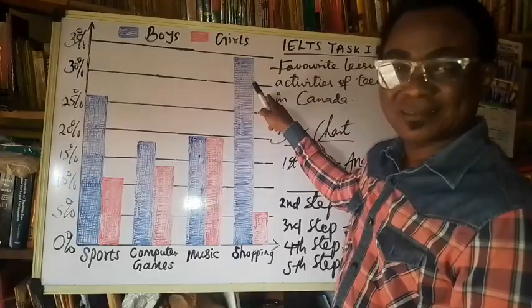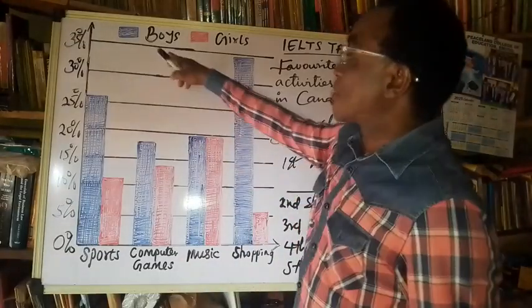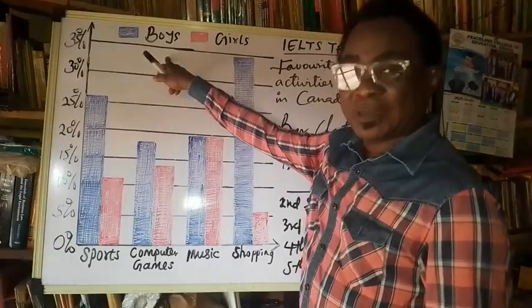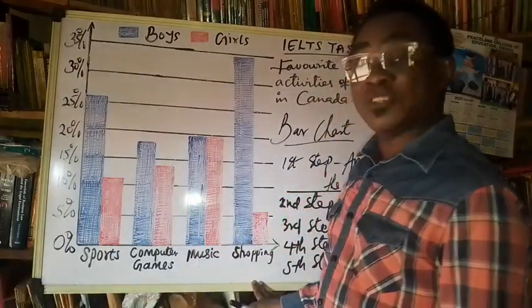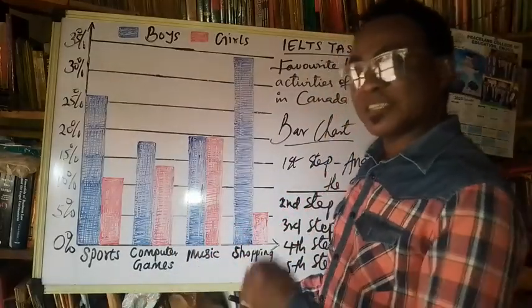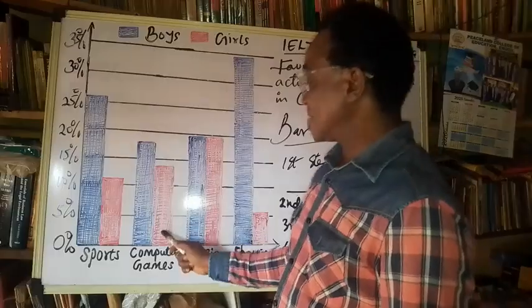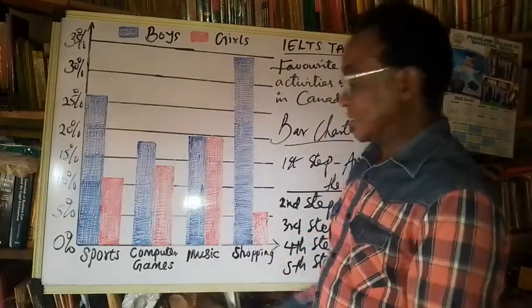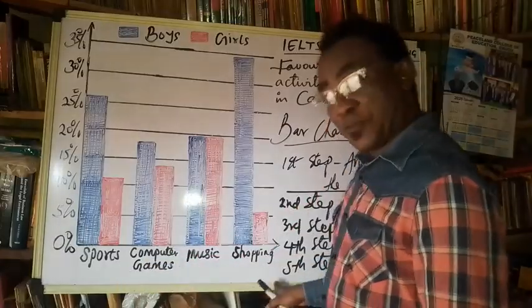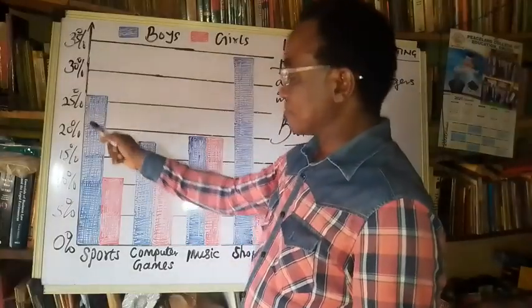These blue bars indicate that a greater percentage of teenage boys took part in these 4 leisure activities than teenage girls. The red bars represent the percentage of teenage girls that took part in these 4 leisure activities. Take a look.